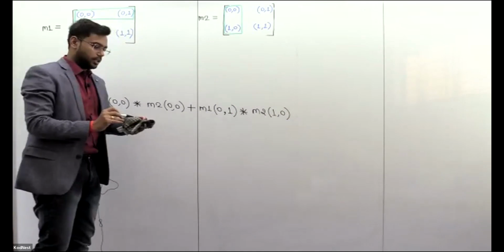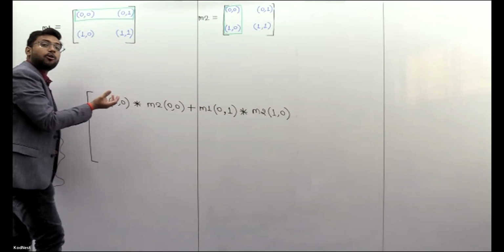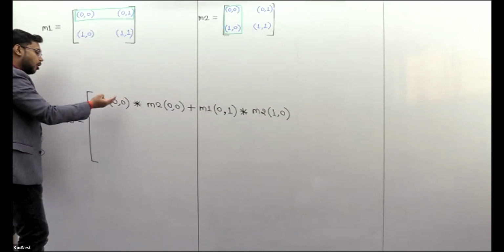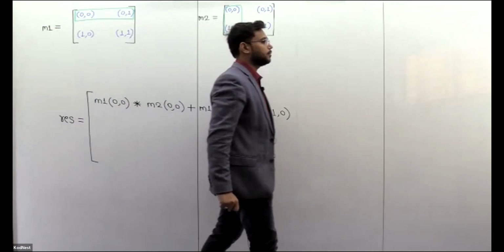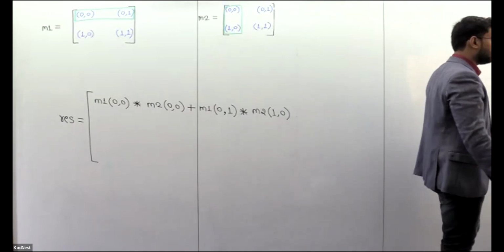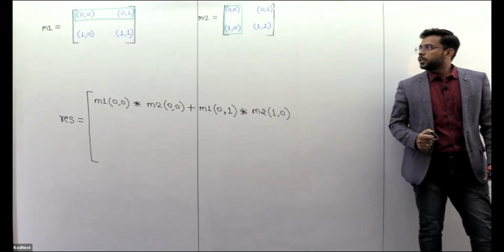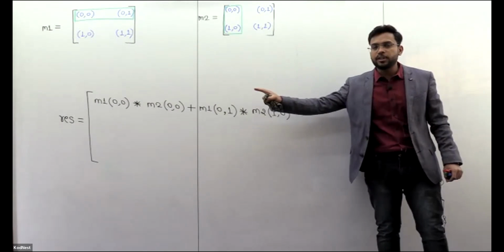Like this I will consider, and finally this is the formula for finding the 0, 0 element of the result matrix. Yes or no? All of you agree or no? Correct. So now this is the formula for finding 0, 0 of result.